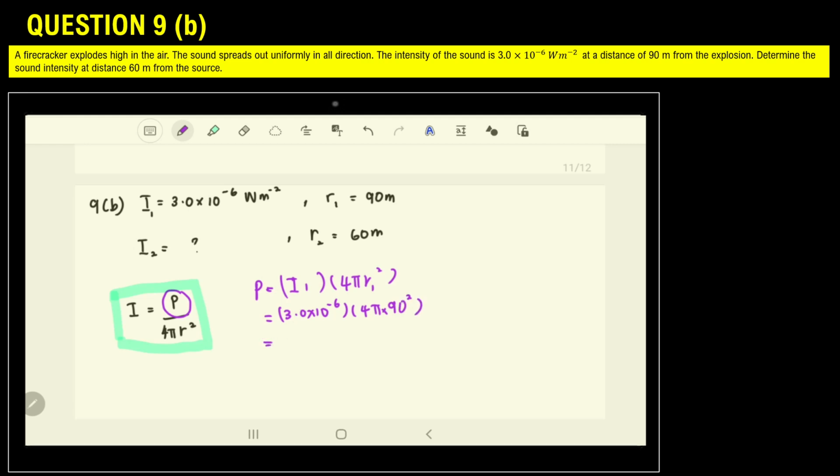So the power is equal to 0.305 watt. This is the power of the source.